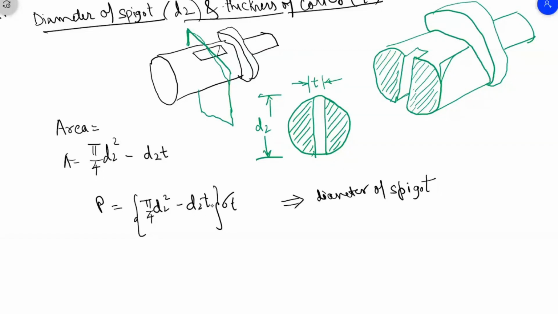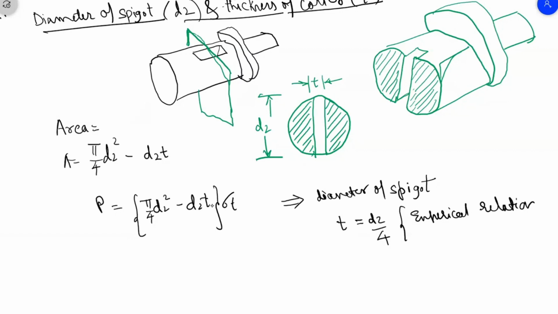Yes, correct. This will give us the diameter of spigot, but then there are two unknowns and only one equation. So what we are doing here is taking t equal to d2 by 4. This is an empirical relation. I told you in the first or second lecture that some designs are made using empirical relations.